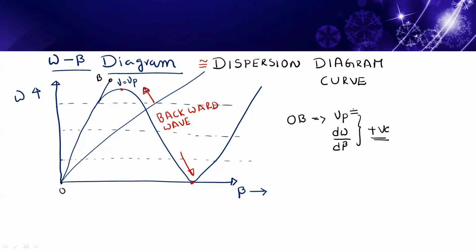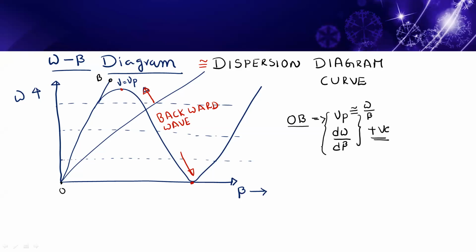At this point, what is the empirical formula? The ratio of velocity to phase constant is termed the phase velocity. Dear students, in the journey from the origin to B, the quadrant where we got phase velocity and group velocity, both are positive.